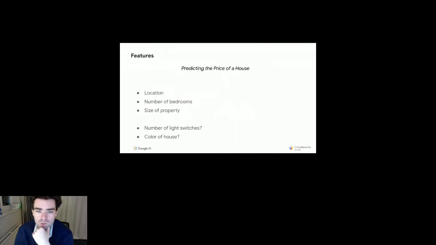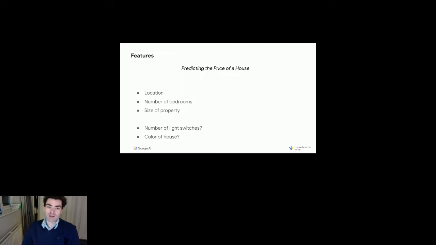So let's predict the price of a house. Here are the case studies that we're going to talk about. And what you have on the left are the features. And remember, features are the things we start off with in supervised learning, and they are the things that we find with unsupervised learning.